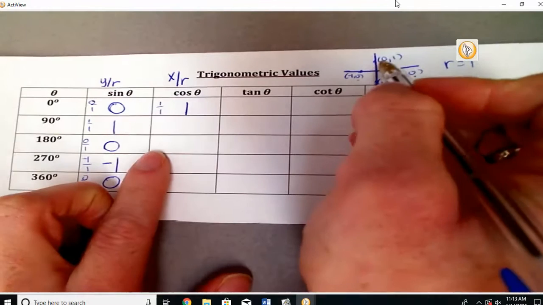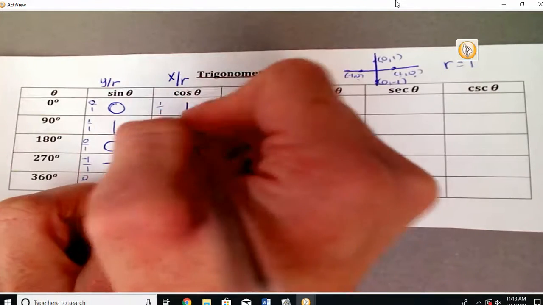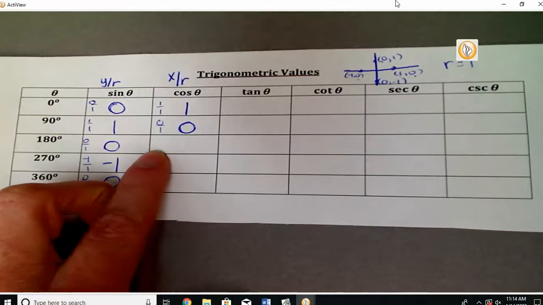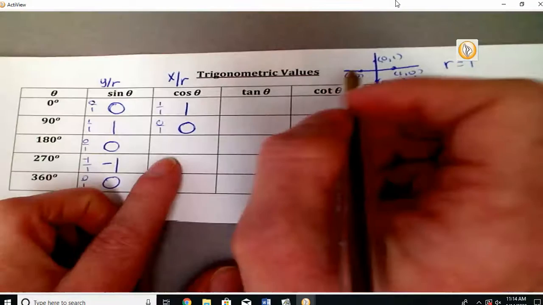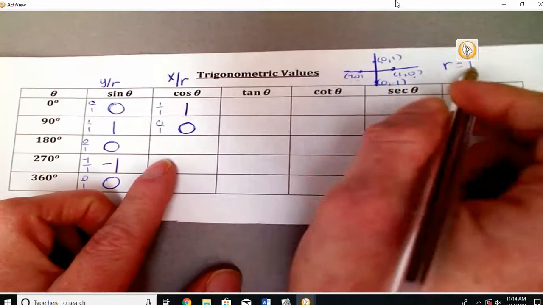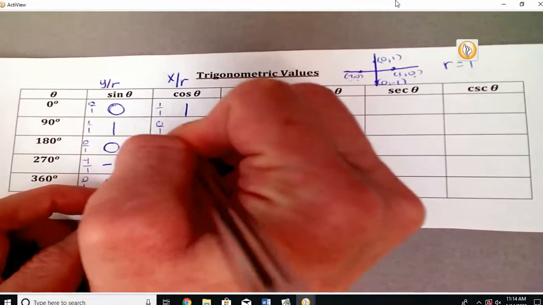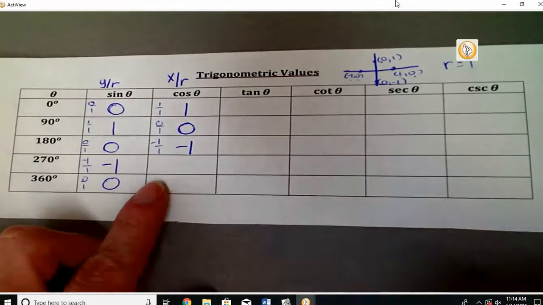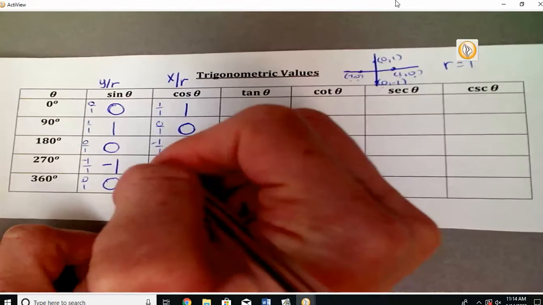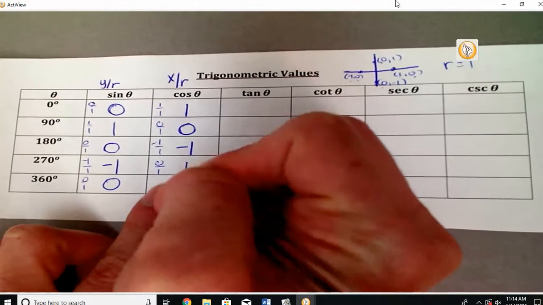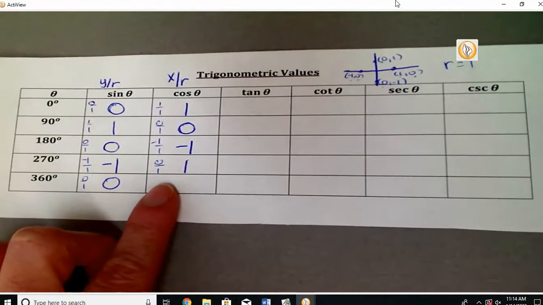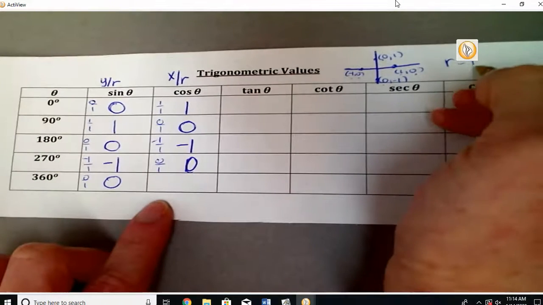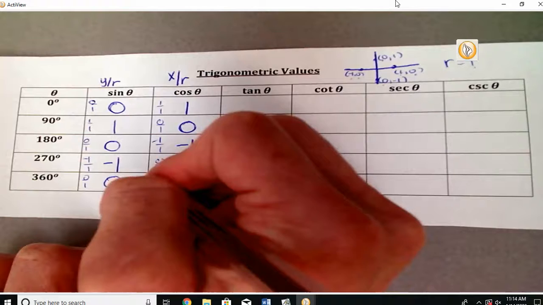Okay, so at 0 degrees, x is 1, r is 1, 1 over 1 is 1. At 90, x is 0, r is 1, 0 over 1 is 0. 180, x is -1 over 1, which is -1. 270, x is 0 over 1, 0 divided by 1 is 0. Sorry, I said 1, but it's 0. 360, you're back to the beginning. 1 over 1 is 1.